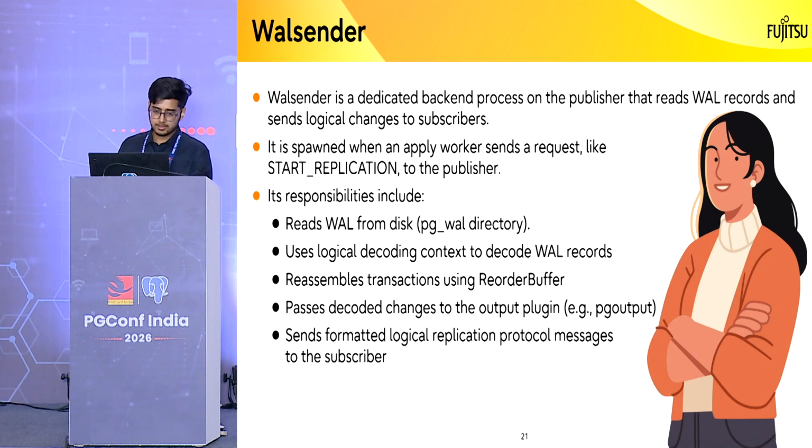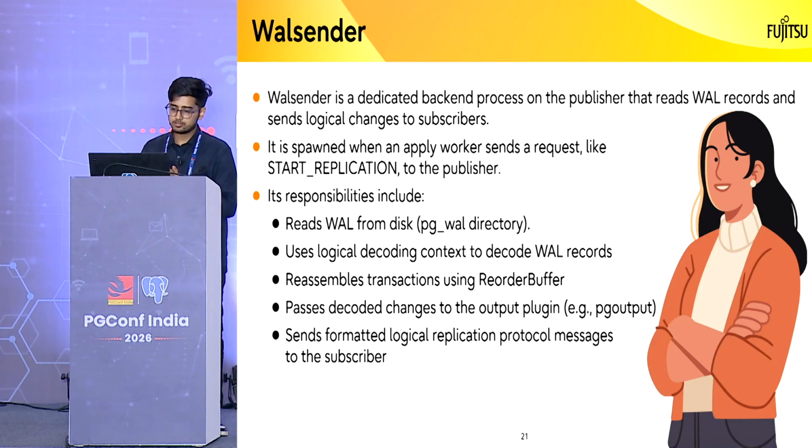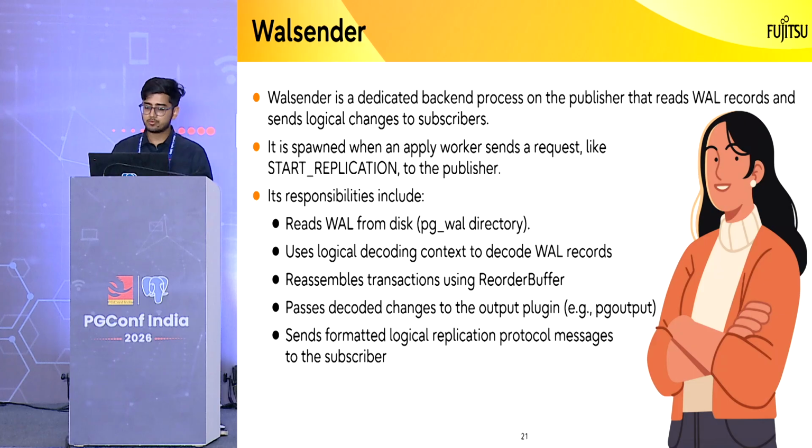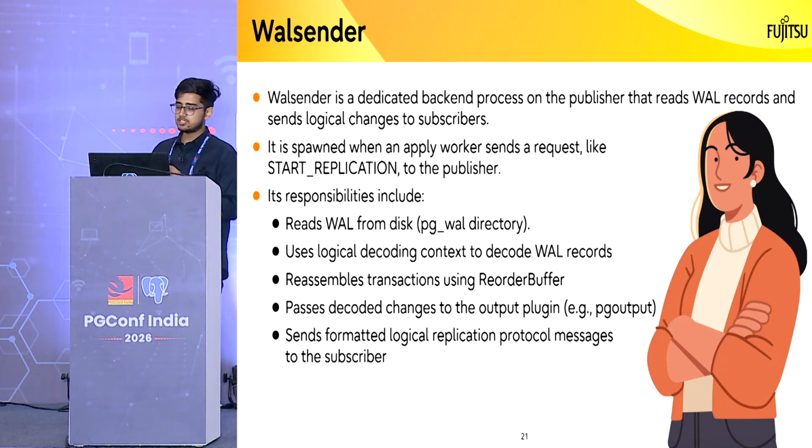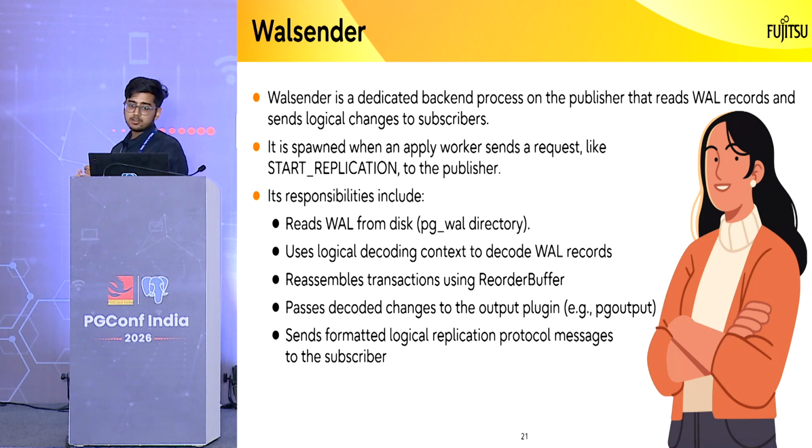Now let's see about the WAL sender process. The WAL sender process is a dedicated backend process on the publisher that reads the WAL record and sends the logical changes to the subscriber. It is created by the apply worker when requests like start replication are sent to the publisher node.